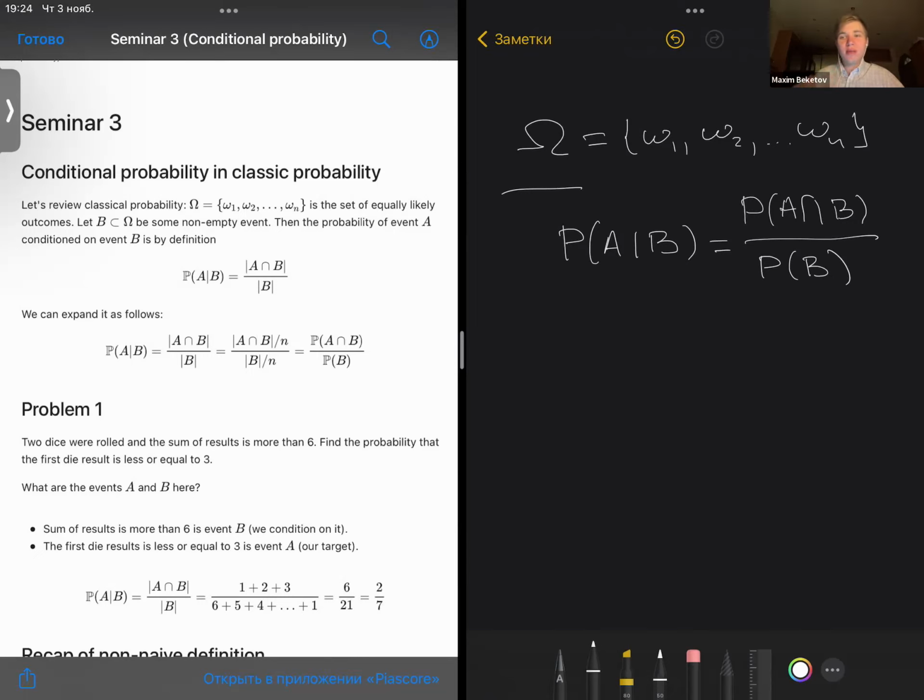So this is not a symmetric formula, and in general, P of A given B is thus not equal to P of B given A, okay? If the sample space, the set of all elementary events, is discrete, we can just say that probability is given by these vertical bars, which are basically just the cardinality of this set, okay?